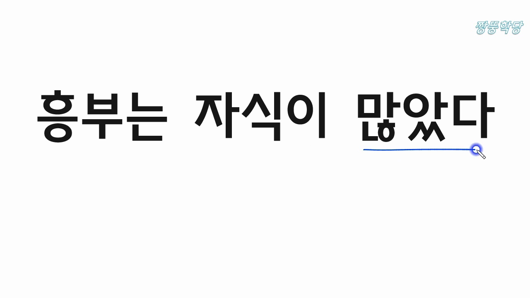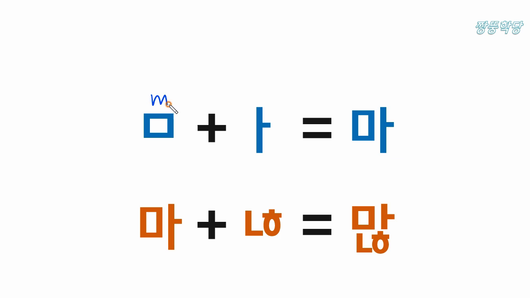Let's learn this word. This is the m sound and this is the a sound. So 마, and this is the n sound and this is the h sound. But it's still difficult for Koreans to pronounce them altogether exactly, so we don't pronounce the last one.